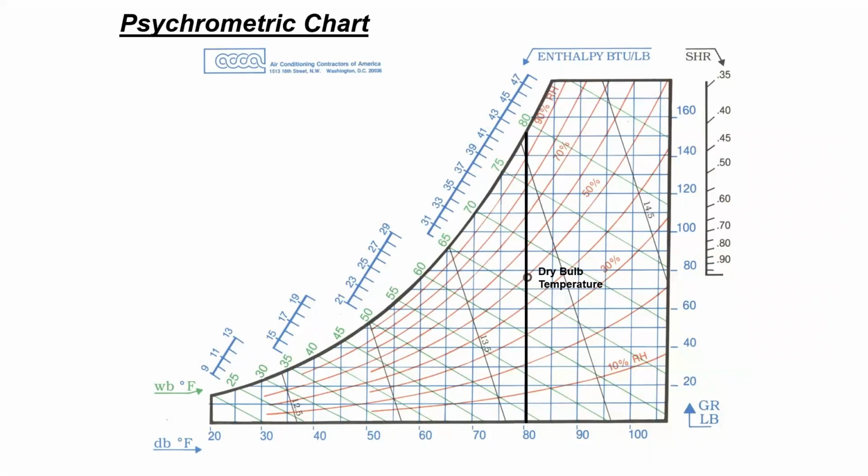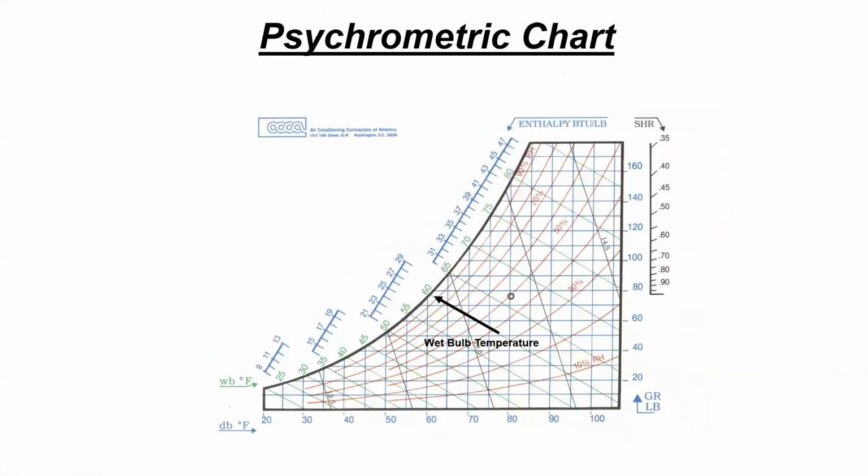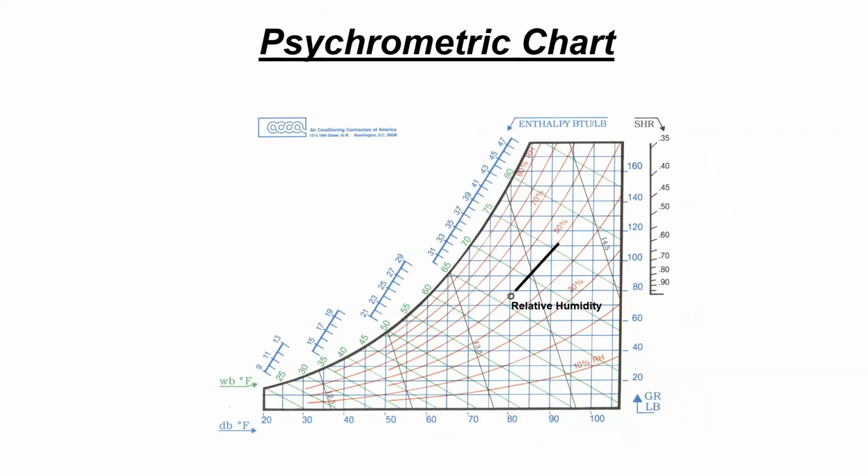The bottom axis shows the dry bulb temperature, which usually starts from 32 all the way to over 100 on the right-hand side. The curve on the left-hand side shows the wet bulb temperature. Relative humidity lines are shown here, starting from 10%, 20, 30, all the way to 100%.